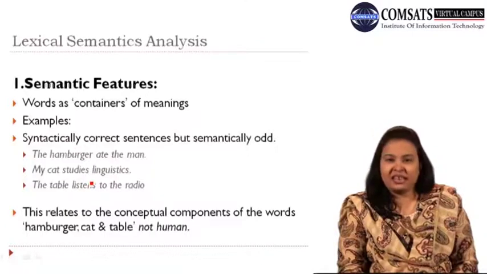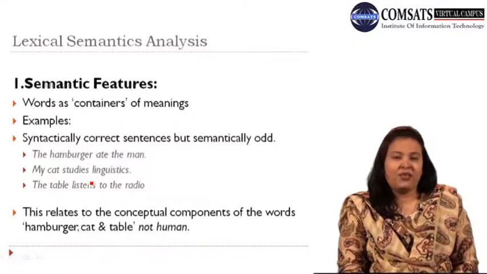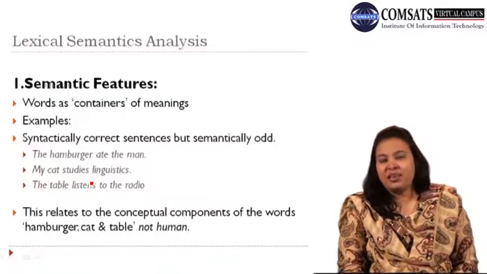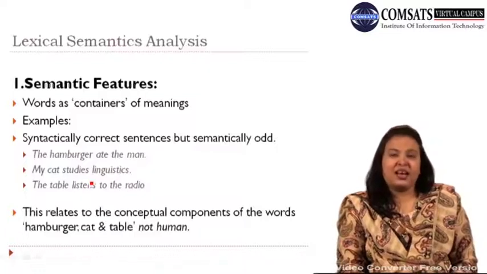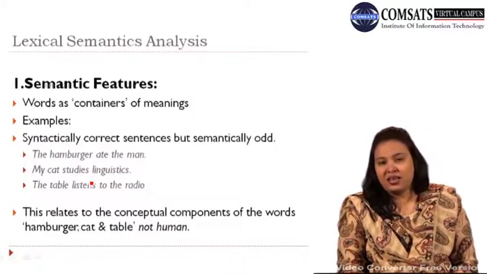Then look at the third example: the table listens to the radio. Possible? No. Why? The table is inanimate, not a living thing, and listening is an activity usually done by living, animate things. So my semantic knowledge about the word table tells me that this is a wrong sentence.